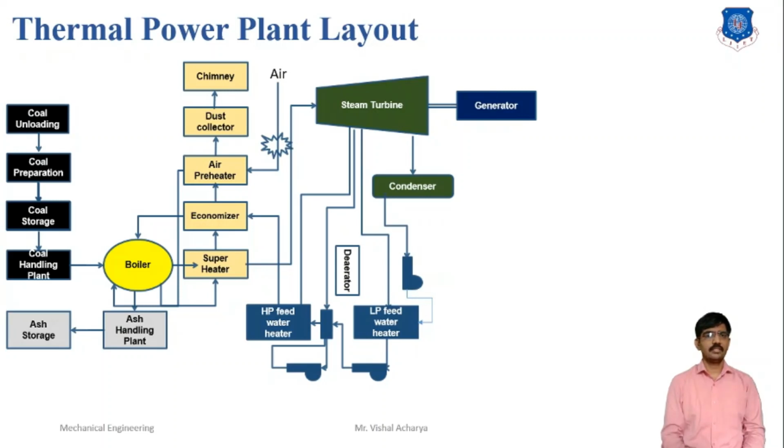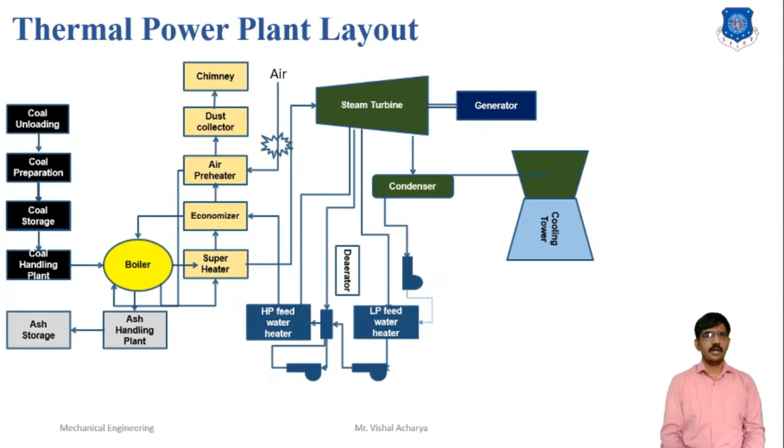Our last circuit is the cold water circuit. In the condenser, high pressure steam is converted into low pressure steam, and low pressure steam is converted into water. For the cooling medium requirement, we can use a river, canal, and also a cooling pond and cooling tower. In this diagram we use the cooling tower.